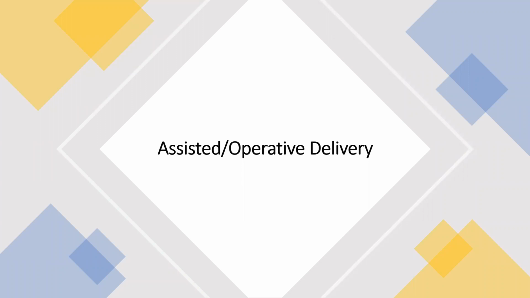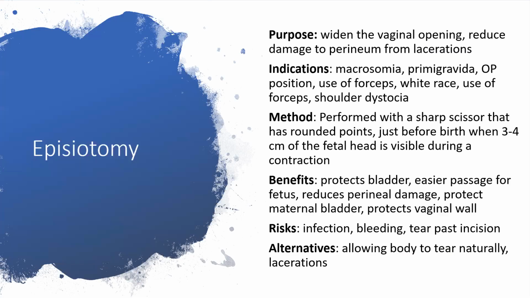Assisted or operative delivery starts with an episiotomy. The purpose of this is to widen the vaginal opening to reduce damage to the perineum from lacerations. So pretty much it's like a surgical cut to prevent it from tearing naturally. The indications of this would be macrosomia, maybe a very large baby.